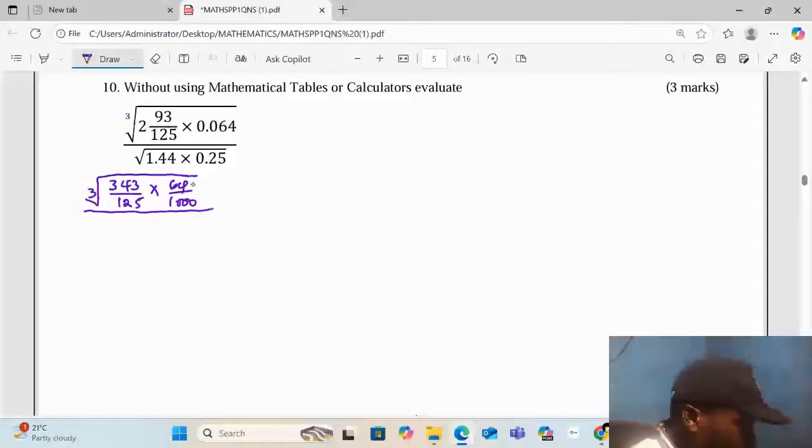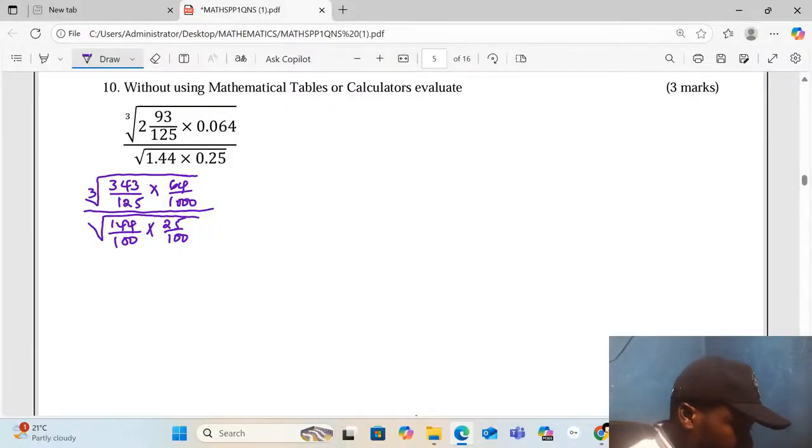For the denominator, we find the square root of 144 over 100, then we multiply by 0.25, which converts to the fraction 25 over 100.